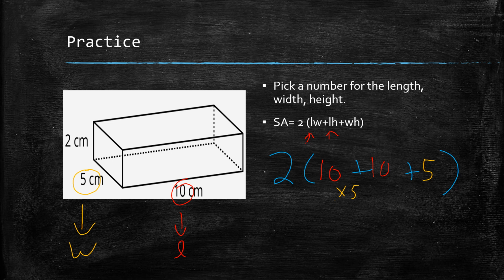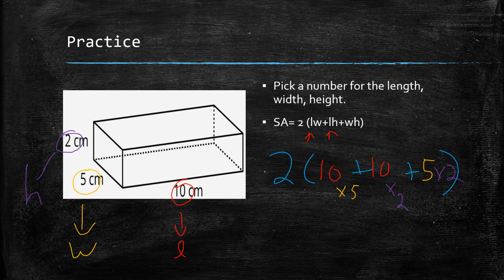Next, I'm going to use the 2, and this 2 is going to represent the height. So I have the H, that's going to be 10 times 2. And then I have 5 times 2.